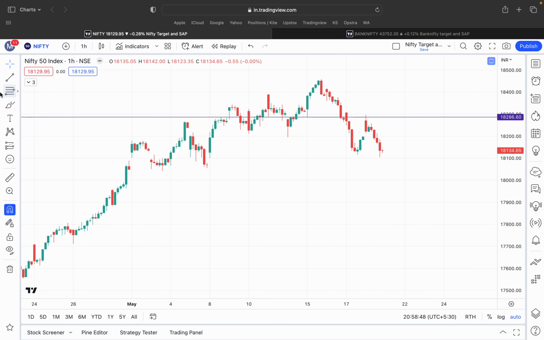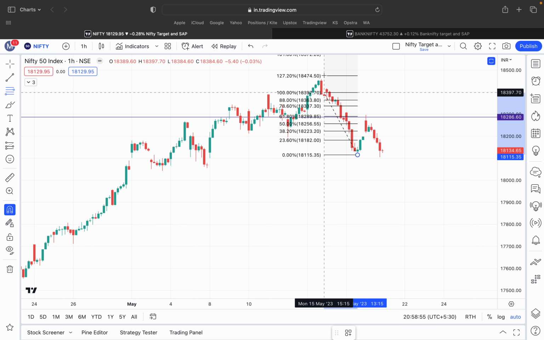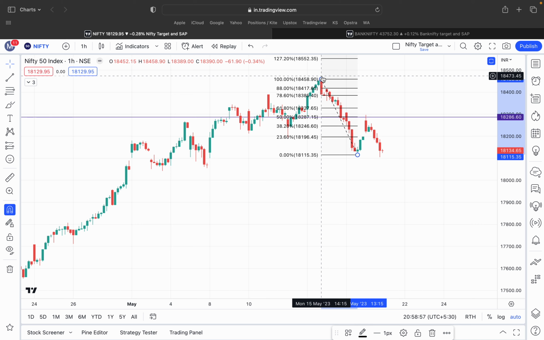How do I know this level? I had simply applied the Fibonacci tool from the first correction that we had got, and exactly at the 50% level we saw the gap up opening today, and the price started to decline.